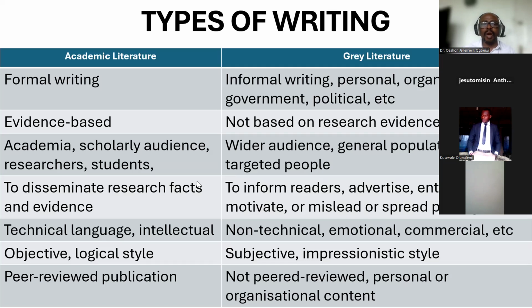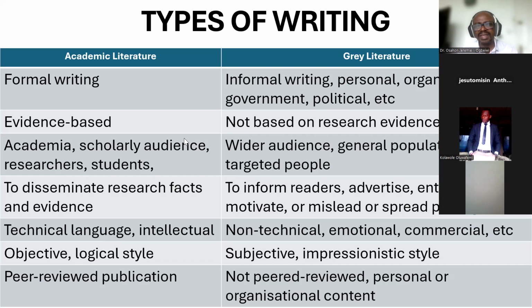So the purpose is usually to inform readers, to advertise, to entertain, and to motivate, and at times to mislead or spread political propaganda. Therefore, gray literature is non-technical, highly emotional, and commercial. Okay? And because of that, they are usually subjective.